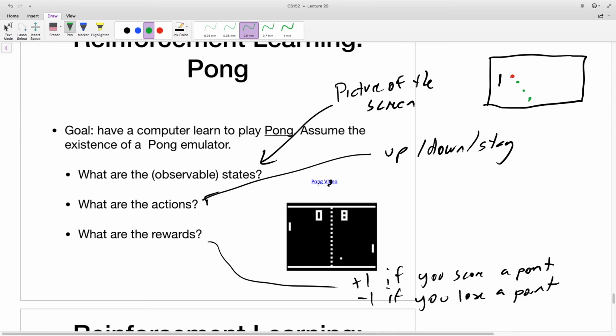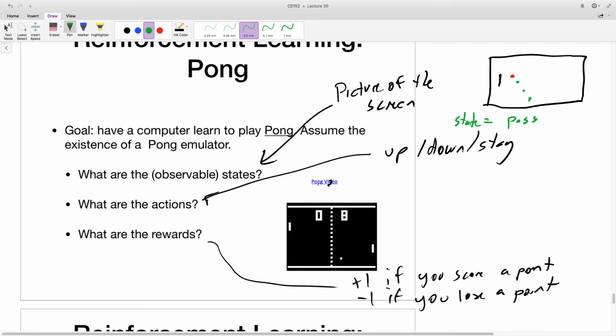And the way they deal with it is that the state is not just the current frame, it's the previous 4 frames. Does that make sense? It's just a simple way to deal with it rather than trying to compute velocity. That would be an alternative. We could compute the velocity of the ball and the position of the ball and feed it in, but it's easier to just pass in frames.